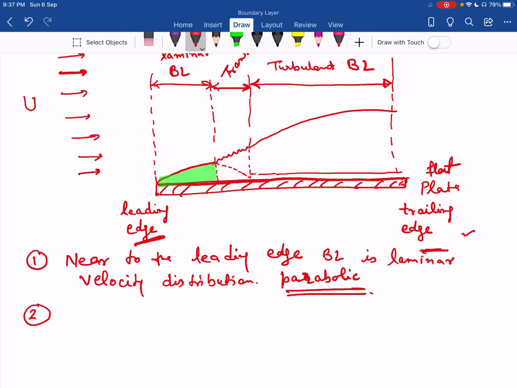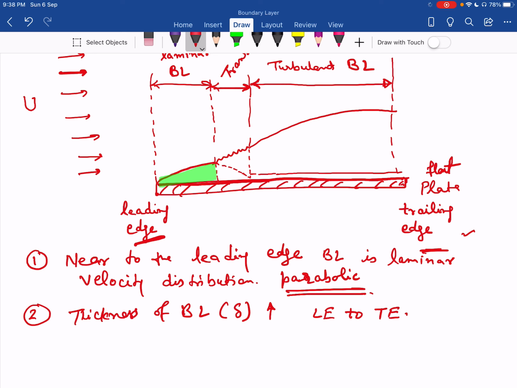The point two is the thickness of boundary layer increases with distance from the leading edge. The thickness of boundary layer is denoted by delta, and it goes on increasing when we move from the leading edge to the trailing edge.